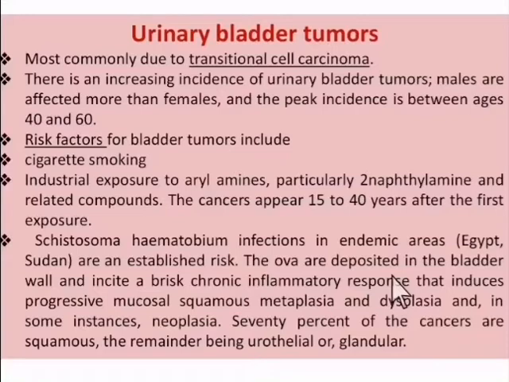Schistosoma haematobium infection in the endemic areas like in Egypt or Sudan is an established risk. ليش؟ لأن الأوفا deposited in the bladder wall, and it incites a brisk chronic inflammatory response. فايش راح يصير؟ This chronic irritation and inflammation lead to squamous metaplasia.